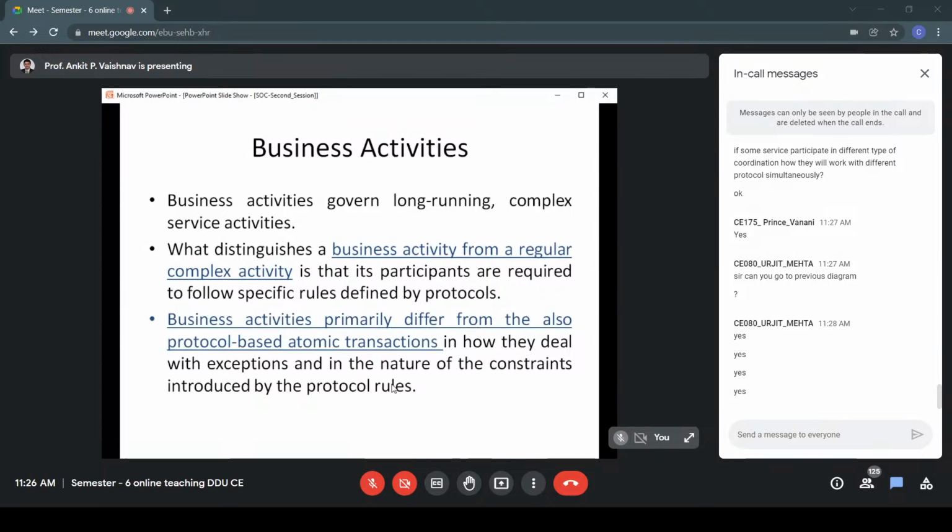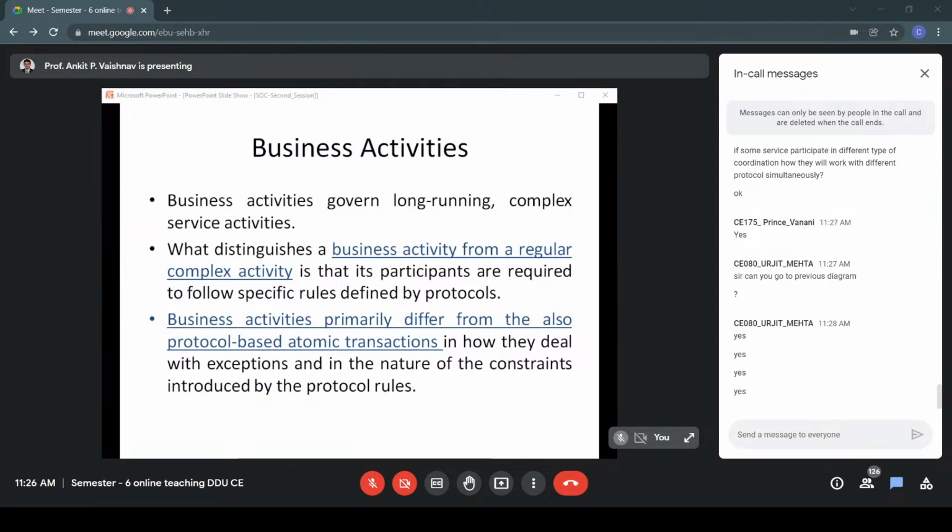Right now we have two more differences to cover over here. Business activities are always long running and complex, right? So what is the difference between business activity and regular activity? We have already seen that earlier, yesterday only. Service activity, we have seen two types, primitive and complex.